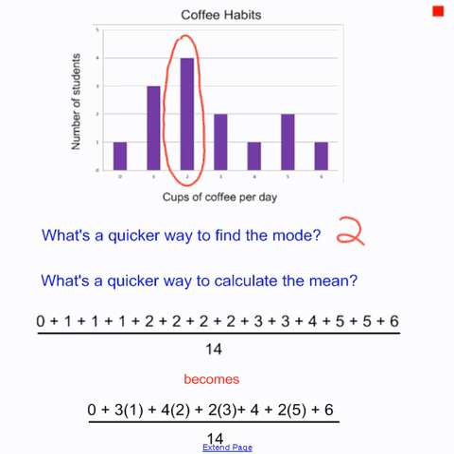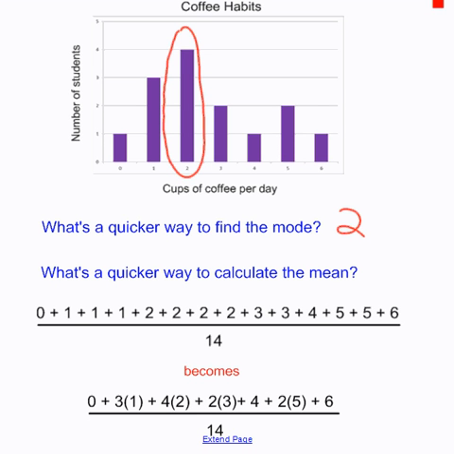And there is a quicker way, I'm not sure this is really quicker, but if you had really large numbers, a quicker way to calculate the mean, instead of adding them all together, would be to multiply.